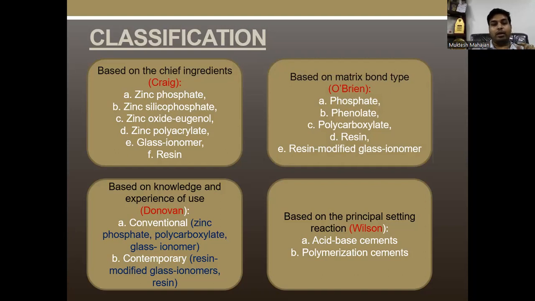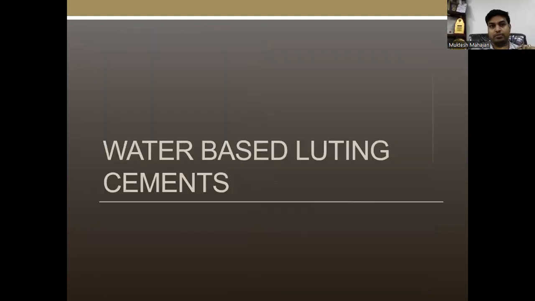Contemporary: resin modified glass ionomer and resins. Based on the principal setting reaction, given by Wilson: the acid base reaction and the polymerization reaction. We are going to cover the whole topic under this classification.